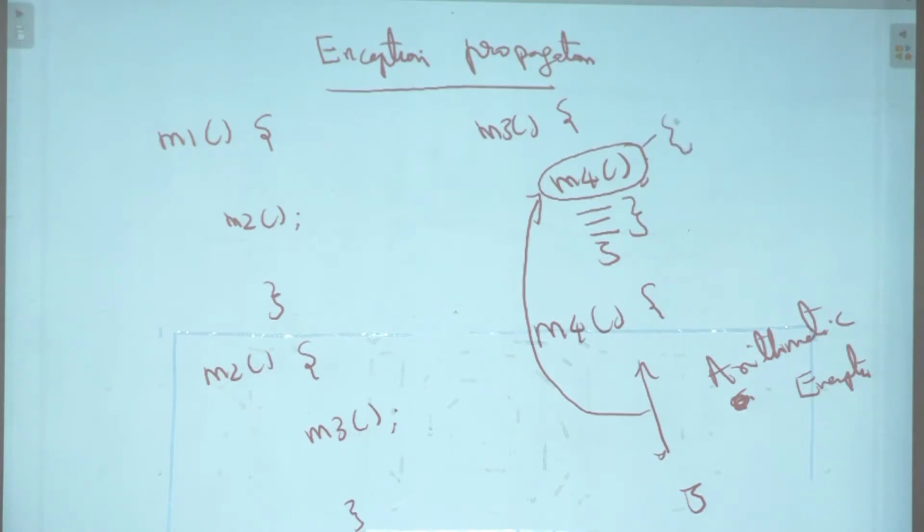So can you see fire burning? This is fire. So M4 came out with fire burning because there was no exception handler here. Because M4 terminated without an exception handler and there was a pending exception, these lines will not be executed. These three lines or whatever lines will be skipped.